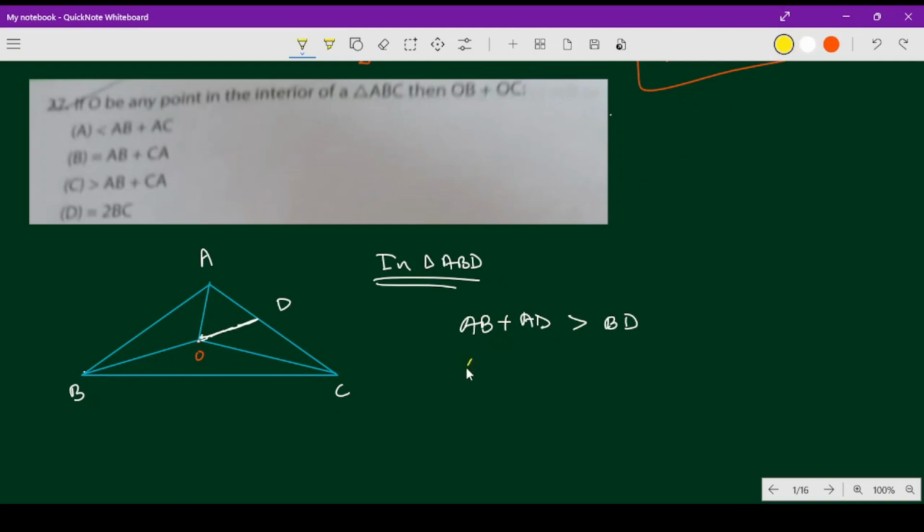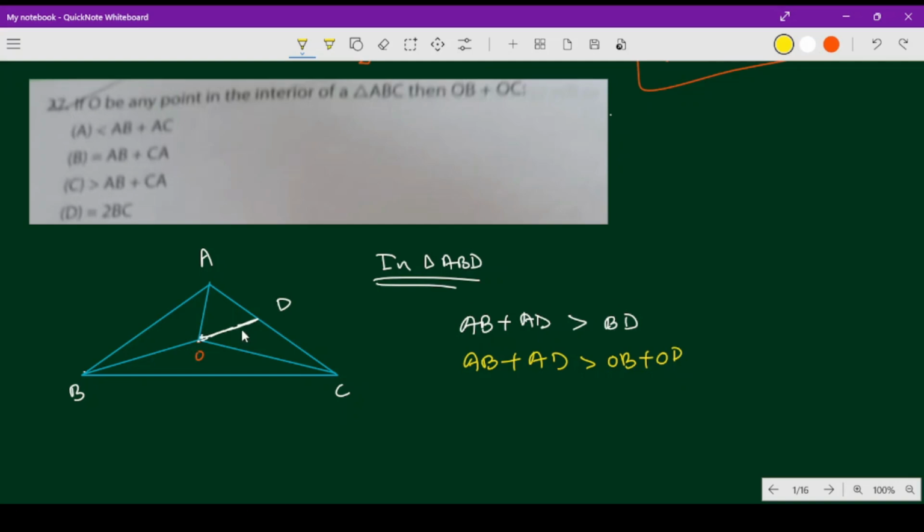So we can write this as AB plus AD is greater than OB plus OD. We want to get a relation between the sum of OB and OC. As we have extended OB to OD, we are getting OB plus OD.